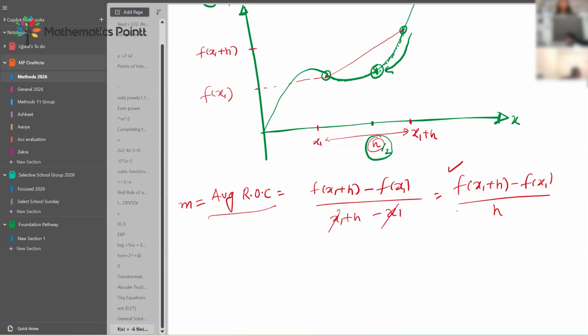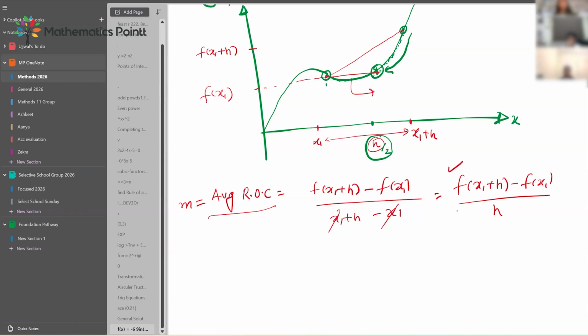And now I ask you, find me the rate of change between this point x1 and this new point, because now I have decreased h. So what will you do? I'll say, all right, that's fine. Again, draw a line connecting the 2 points.